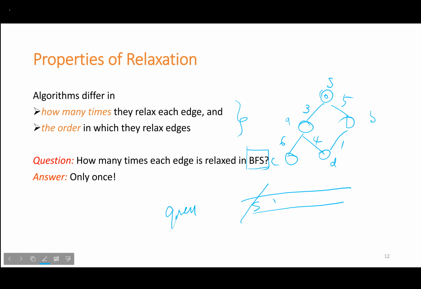So we have A in Q, and then A will be gray color. Let's put the color here.